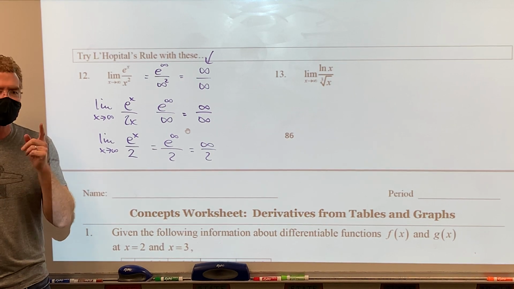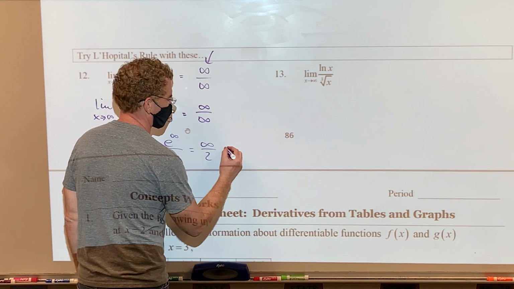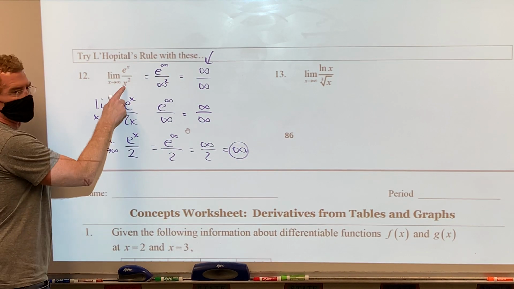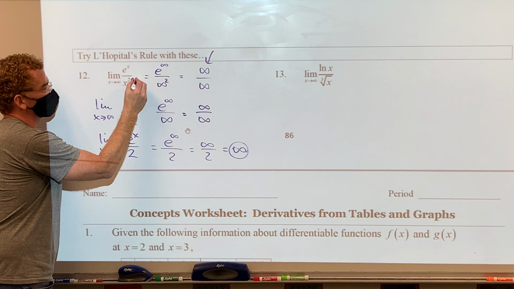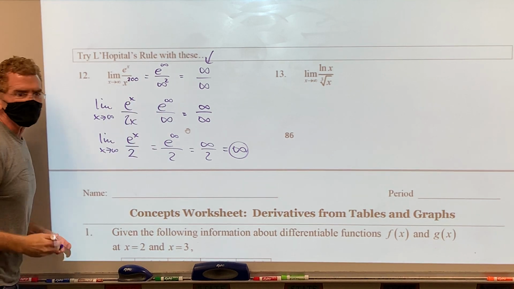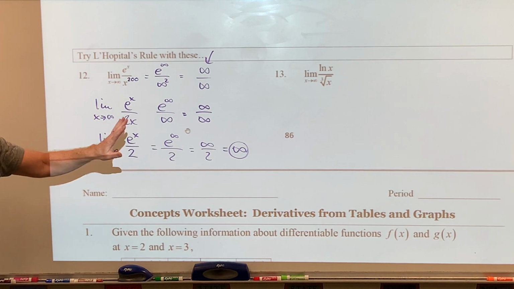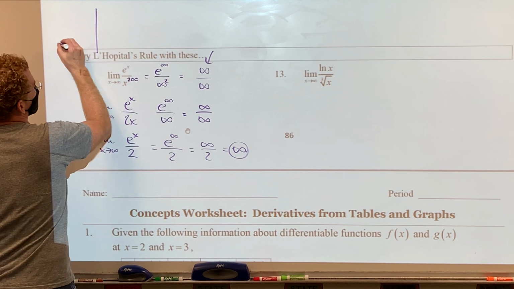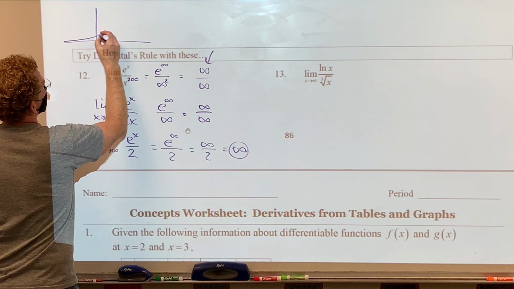Infinity. Now I need you to learn something from this, because AP has a way of screwing with you unpleasantly like this. X to the 200th. Now I know if you were to graph this, and you're welcome to, the e to the x function is exponential.